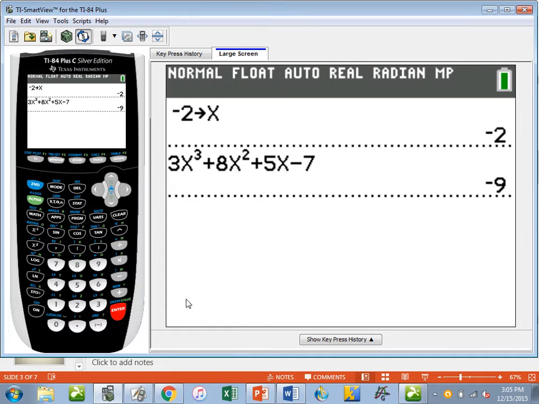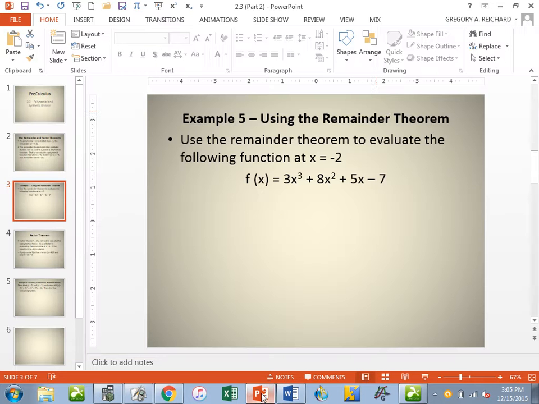So it's just a different way to substitute and evaluate an x value into a function. So that's what the remainder theorem says.